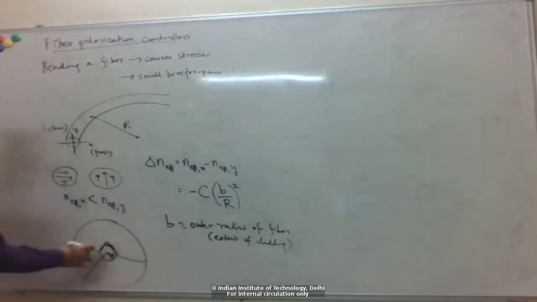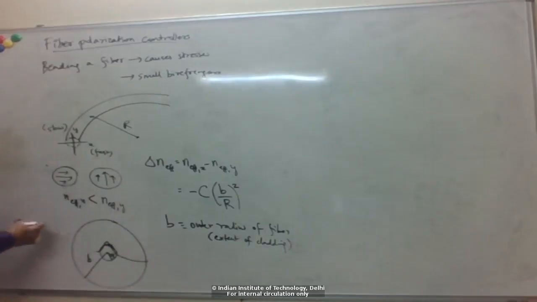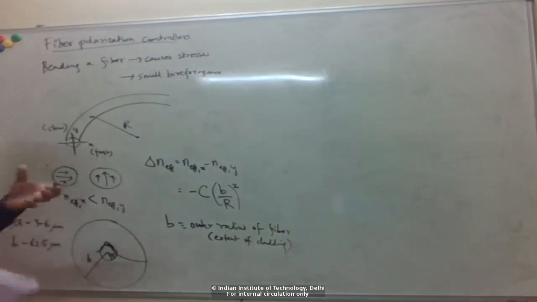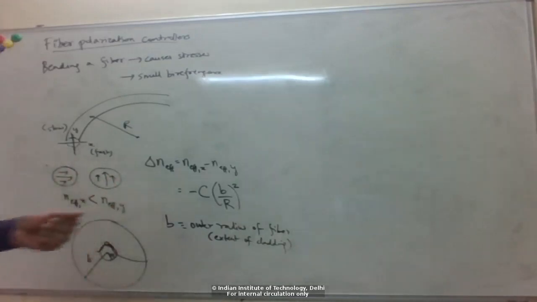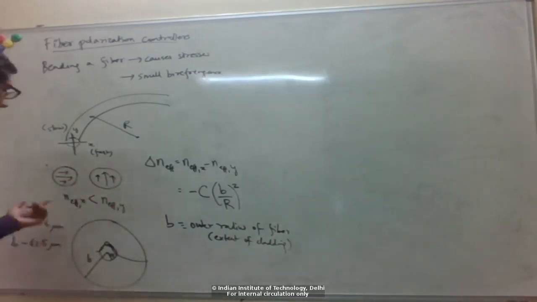Right, so typically for SMFs, as we saw, this A is in the few micron range, so 3 to 6 micron typically, right? And this B is sort of a standard size. So this is 62.5 micron, right? The size of the fiber is standardized, no matter what fiber you have.